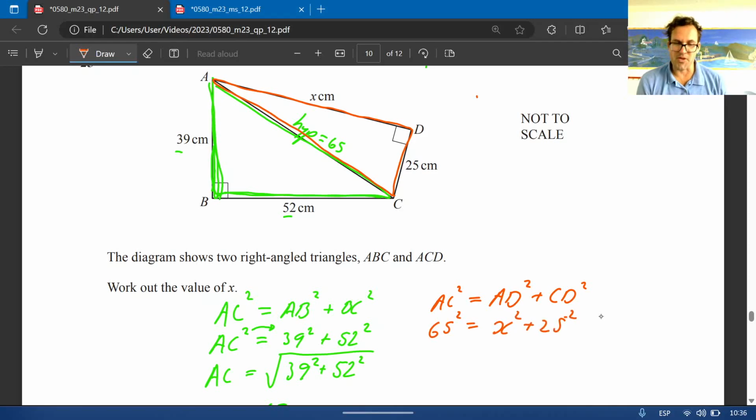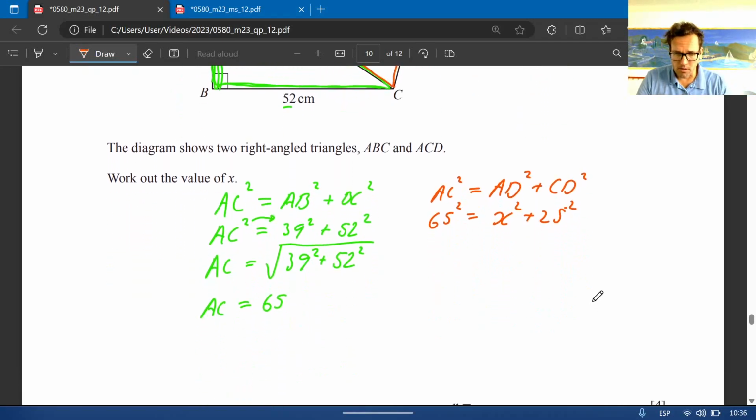So now here we've got a little thing going on. Alright, I don't know what x is, and x is not by itself. It's going to complicate things. So what we're going to do is we're going to move this 25 squared there. The square just goes along for the ride, but because it's being added to the x squared, the plus becomes a minus.